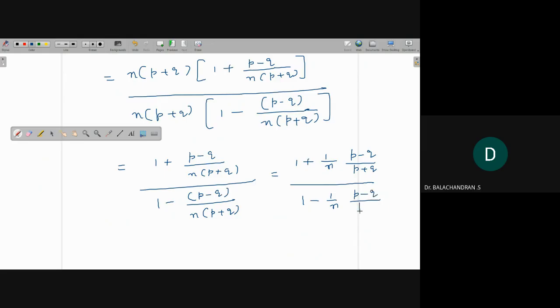Explicitly visible, if I say it, I think you will tell. What is the next step? 1 plus p minus q by p plus q, whole power 1 by n, divided by, I don't have a space. I will write in the next page.